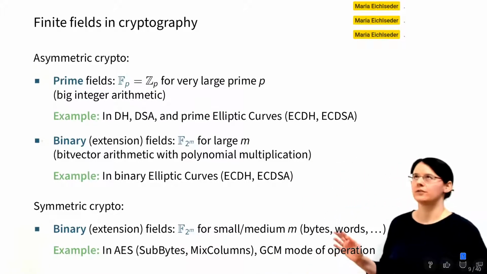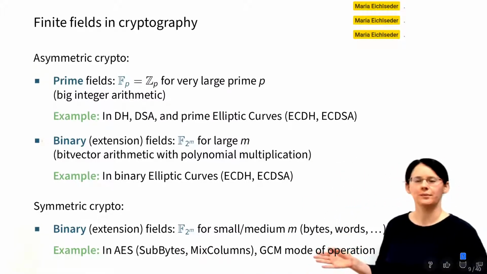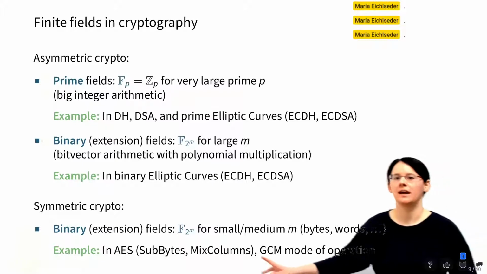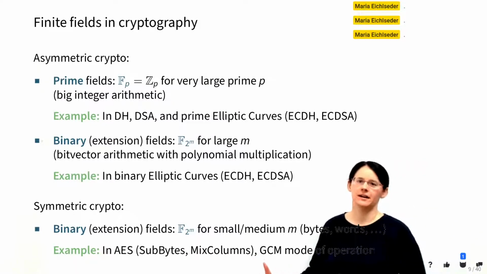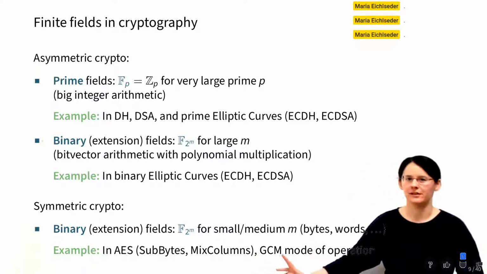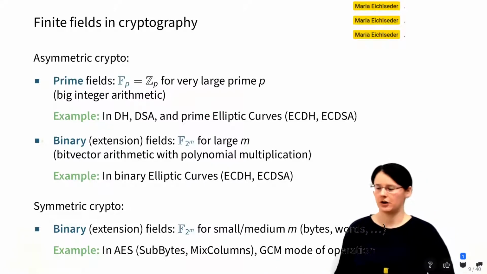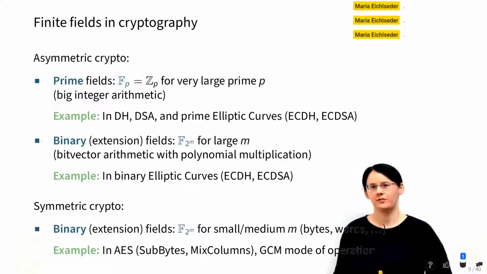So for example, 3 weeks ago, in the lecture on encryption modes, we heard about the Galois counter mode. And the Galois here is exactly the Galois field we talked about today. So there you saw this multiplication as part of the computation of the message authentication code.